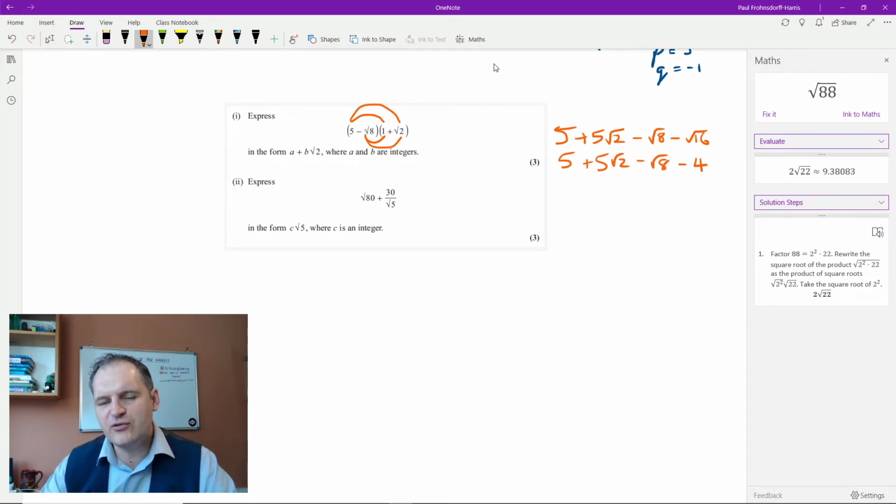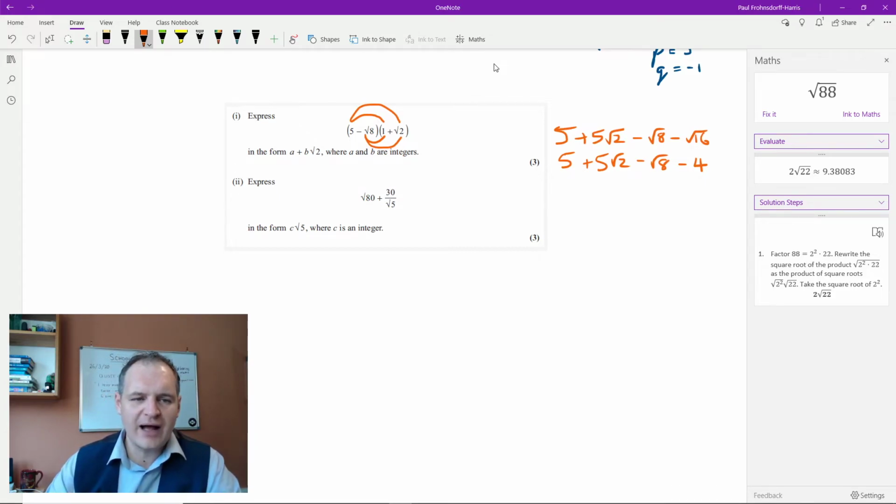And this is where we have to be a bit clever. We have to remember, wait a minute, 8 is 2 4s. So I'm going to rewrite that, and I'm going to do that over here. Root 8 equals root 4 times root 2, so it's equal to 2 root 2.